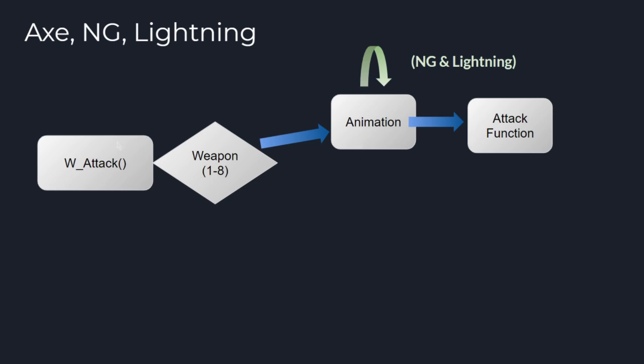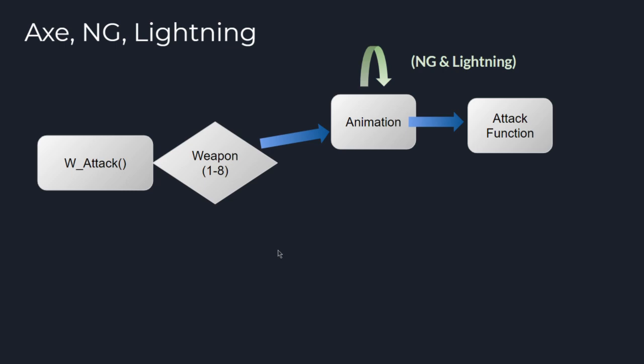So when you first click it, it does weapon attack, checks, yes, I have the lightning gun, trigger animation, and the thunder sound. And then the animation triggers the attack function and the zapping sound. And then to see if it should continue to zap, that is handled within the animation to make sure it doesn't have to go back through this weapon attack method and doesn't trigger the thunder sound.